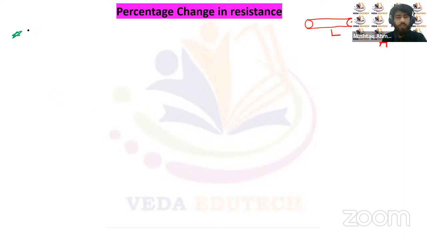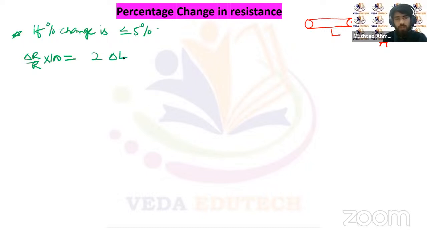If the percentage change is less than or equal to 5%, then we apply this concept: delta R upon R, that's the percentage change in the resistance, will be equal to 2 times delta L upon L. If there is some percentage change in length, then twice that will be the percentage change in resistance.